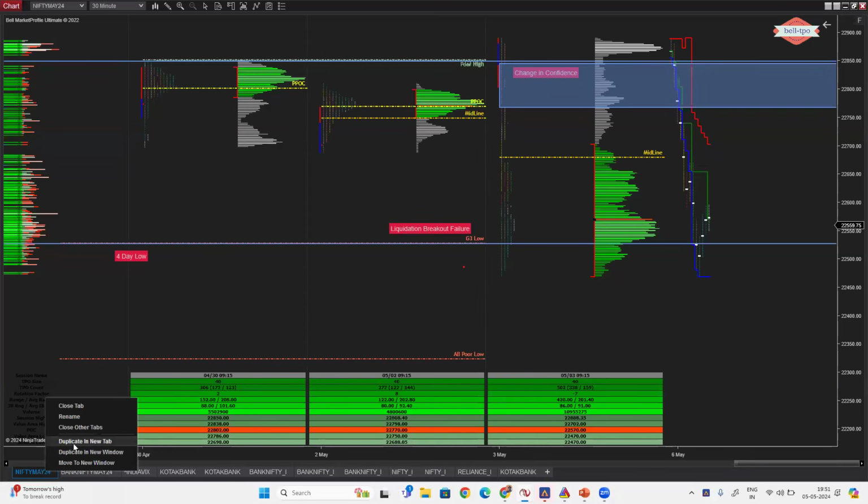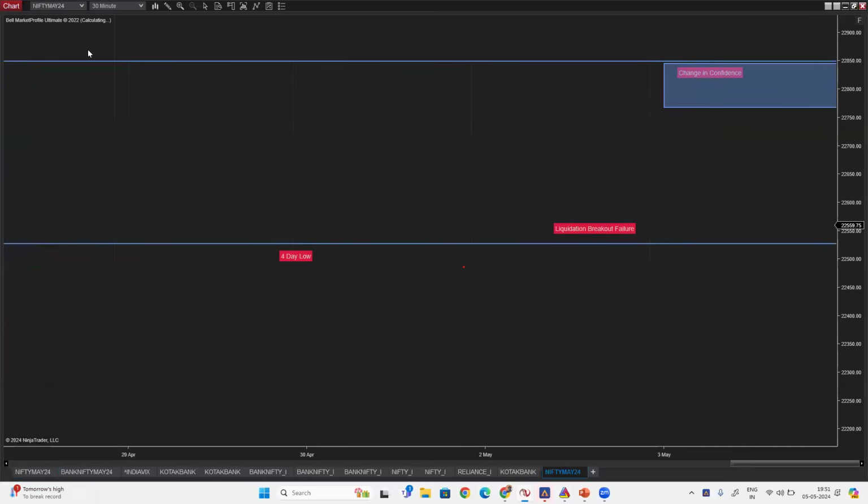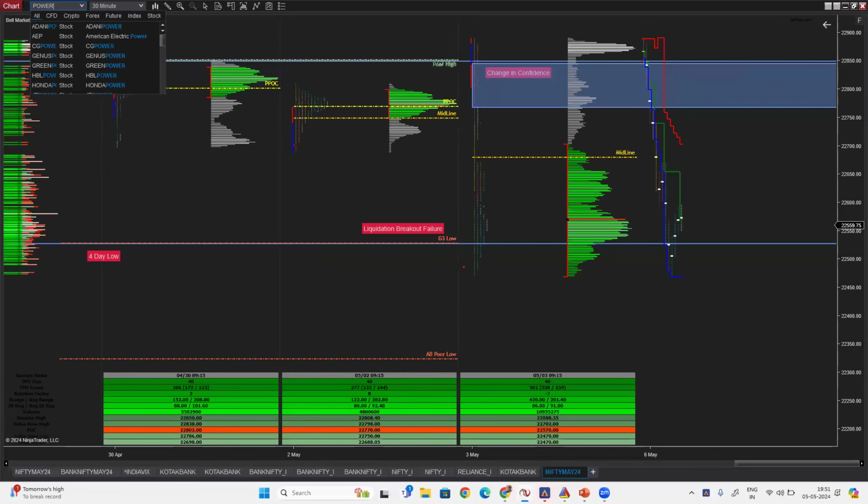Let me duplicate this. Just give me a sec. I'm not very sure whether the data will get loaded or not. I think I have to connect the data feed also.